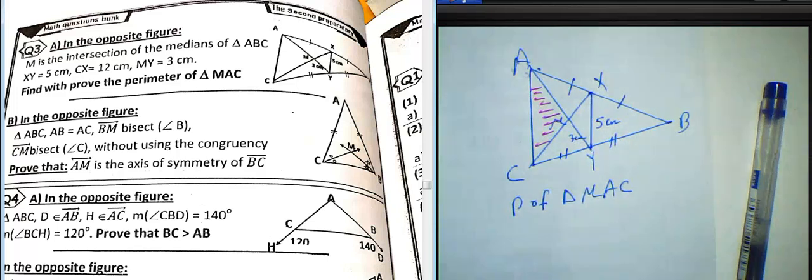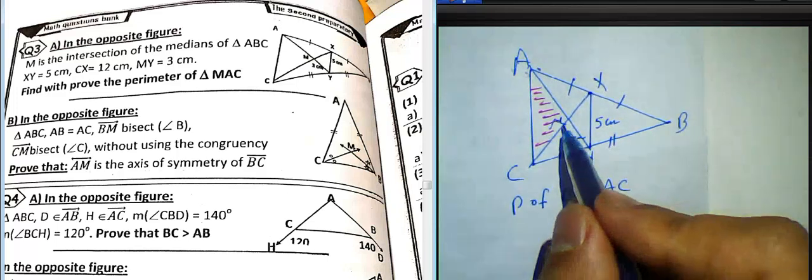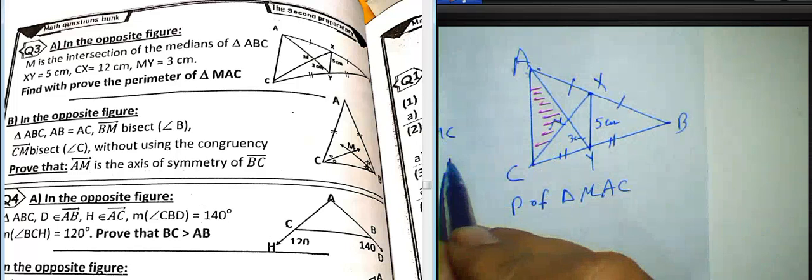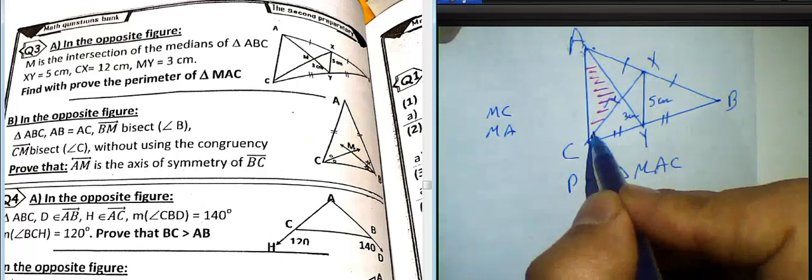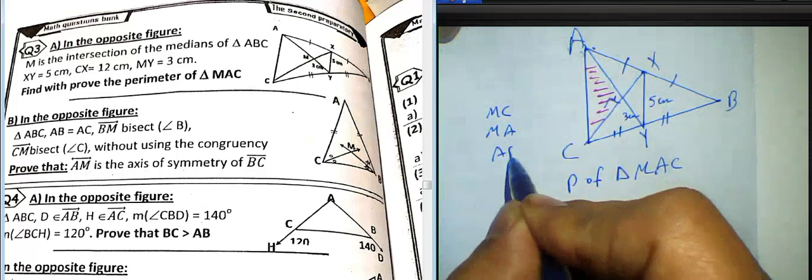We know the perimeter of the triangle equals MC plus MA plus AC. We want to find the length of MC, and MA, and AC.